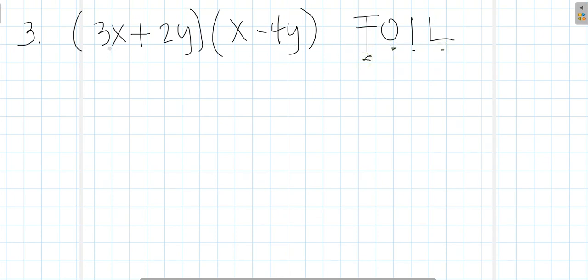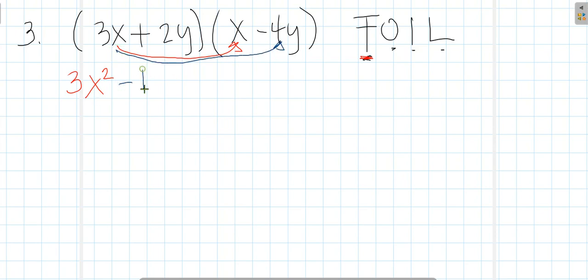F refers to the first term. So the first term here is 3x times x is equal to 3x squared. The outer term is 3x times 4y.